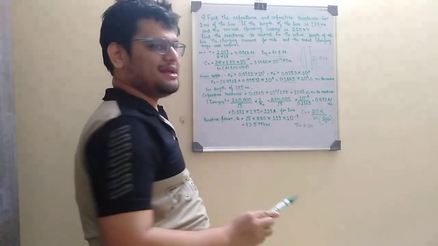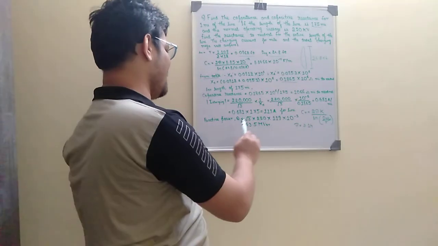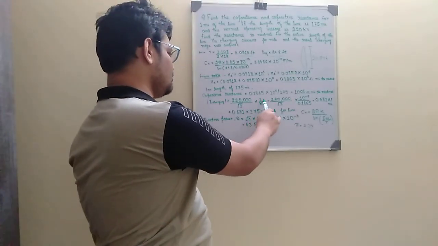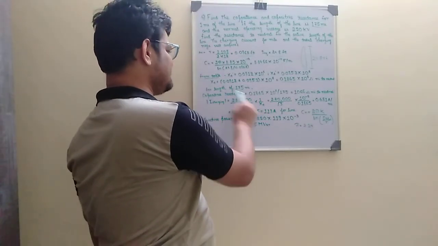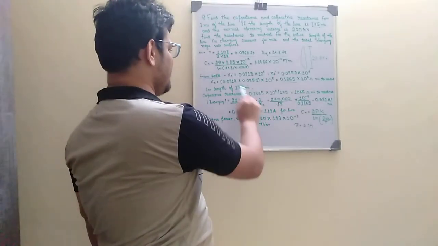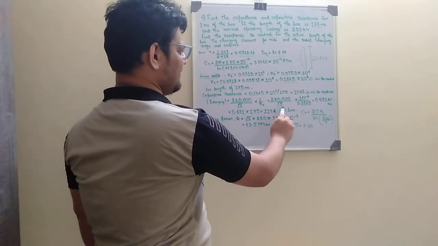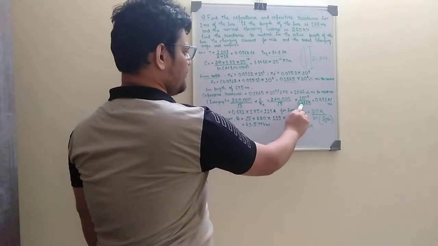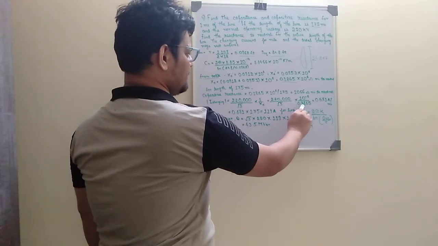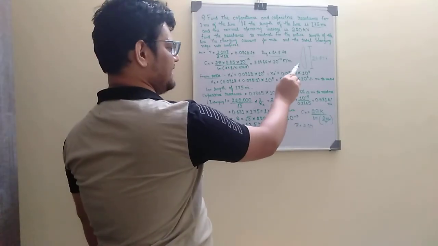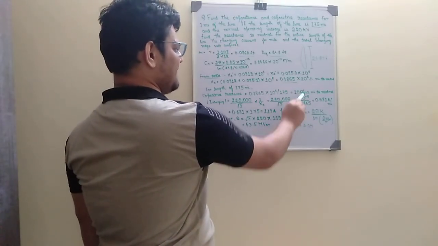Why are we dividing by root 3? Because it is a three-phase wire. Three-phase supply is going, so it is root 3 into 1 by XC, that is the reactance. We put this value XC that we calculated over here. So 2,20,000 divided by root 3 into 1 divided by 0.1865, and we are putting the 10 to the power 6 in the numerator, so we make it minus 6.